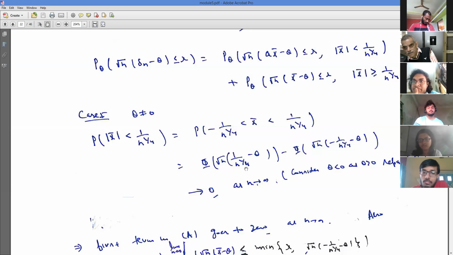Let us look at this whole quantity. What is this? This is n to the power 1 by 4 minus root n theta. If theta is less than 0, where would the quantity go to? Infinity, sir.